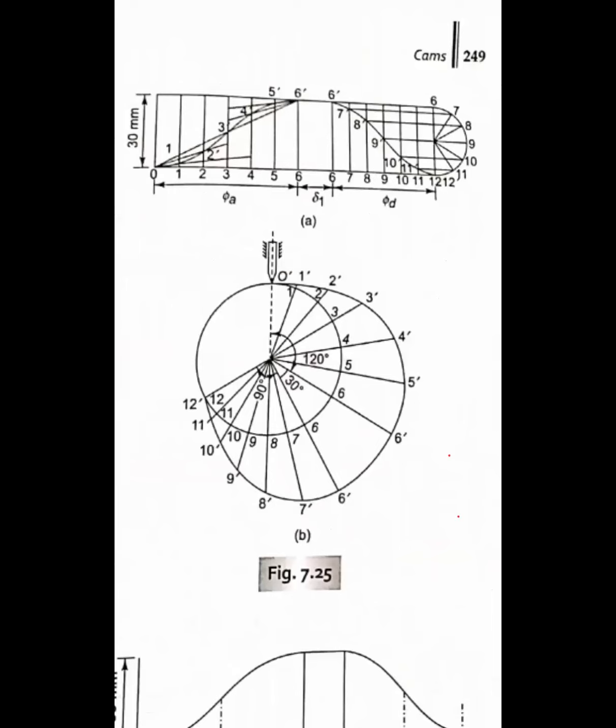For that, you need the uniform acceleration and retardation motion displacement diagram and the simple harmonic motion displacement diagram. Both are required. For ascent, it is uniform acceleration and retardation, and for descent it is SHM.